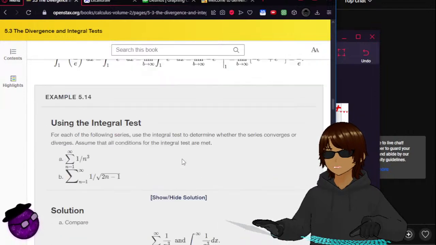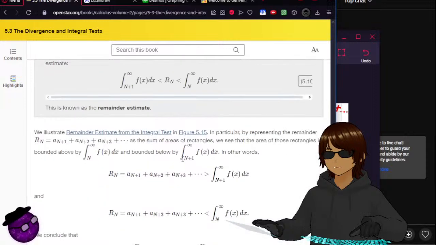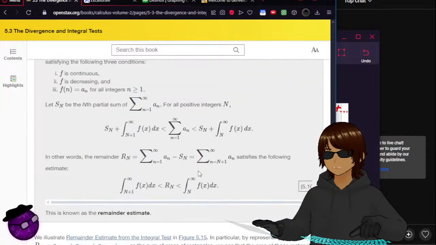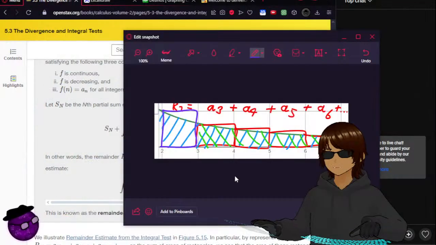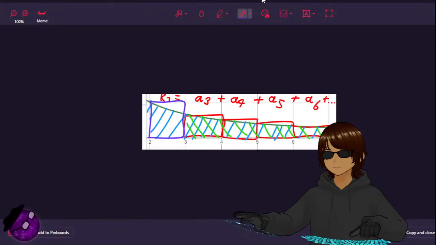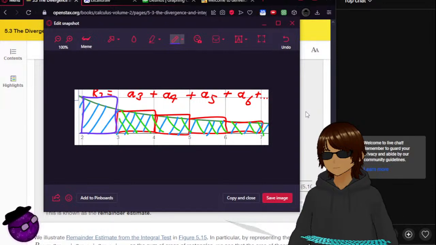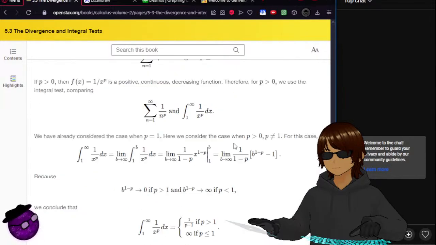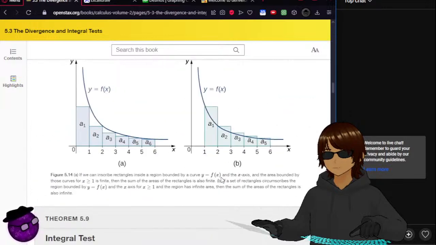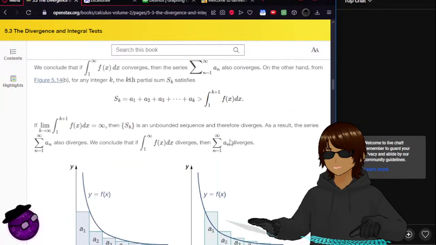If we look at the upper bound for the integral test, hold on, I think they're using the lower bound and the upper bound over here.